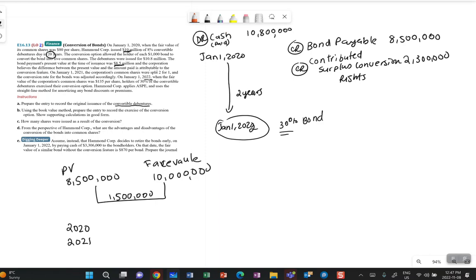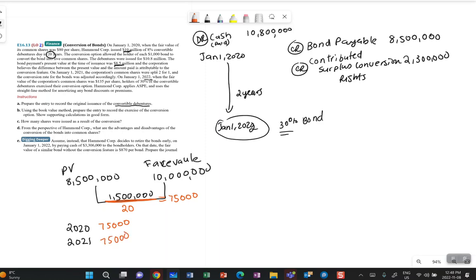I'm just going to change the ink. If this was my amortization, I amortize over the life. In this case, the life is 20 years. How much do I amortize? 75,000 is being amortized every year. So 75,000 for the first year, 75,000 for the second year.